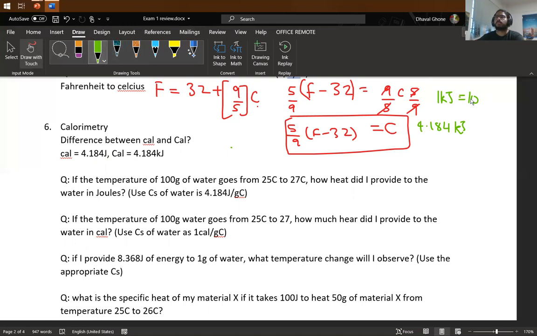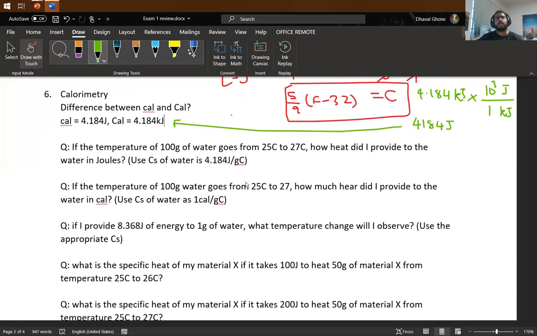That's easy to manipulate, joules or whatever it is. And so to convert that, I would divide it by kilojoules and have joules on top. 1 kilojoule is 10 to the power 3 joules. And so my answer becomes 4184 joules. So 10,000 times bigger. I'm sorry, 1,000 times bigger.